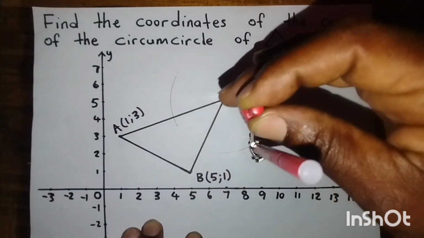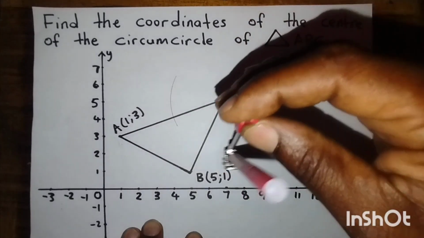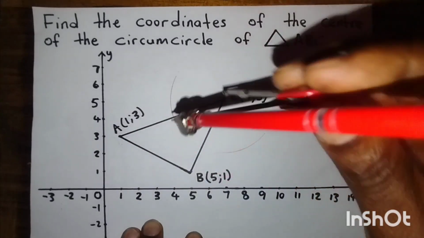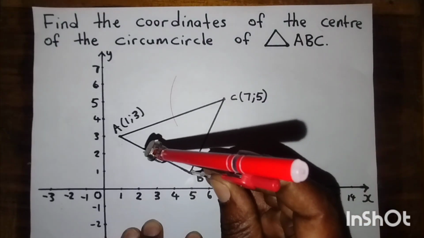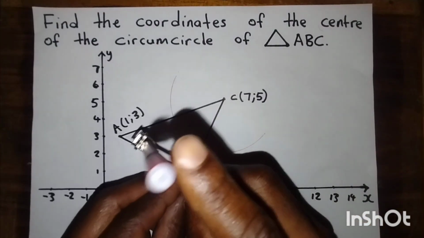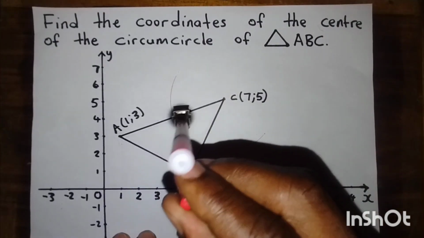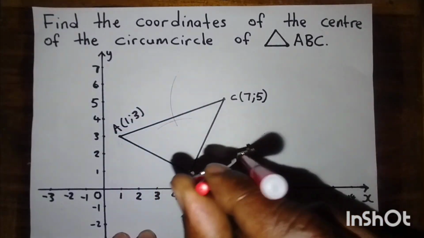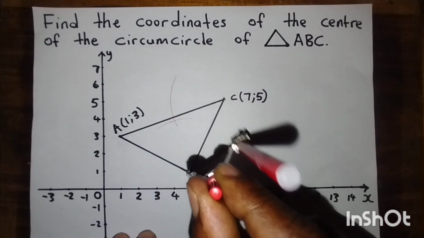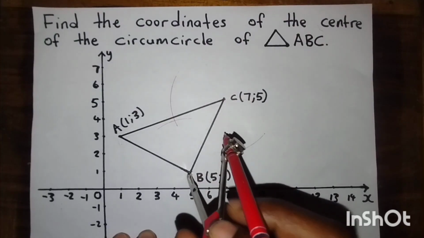Still C is my center. Without changing the radius, I will then choose B as my center, and draw an arc which meets the first arc, and here also which meets the other arc.